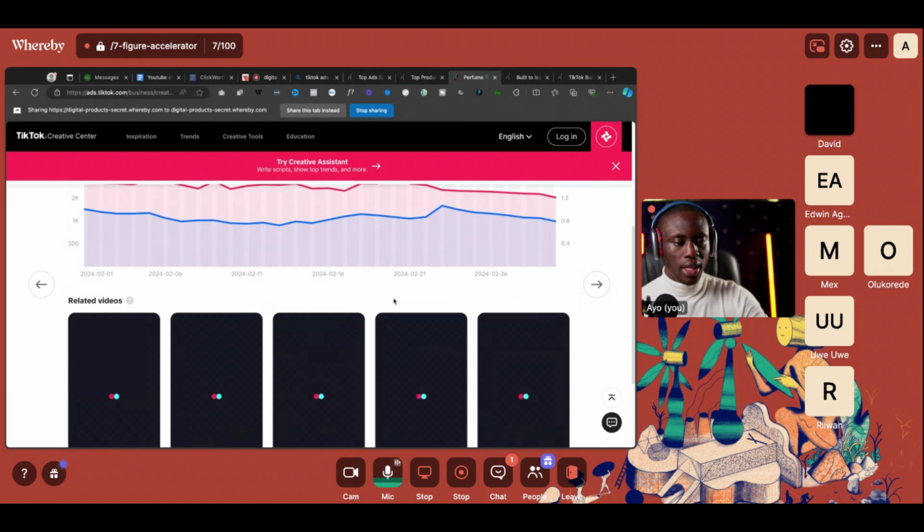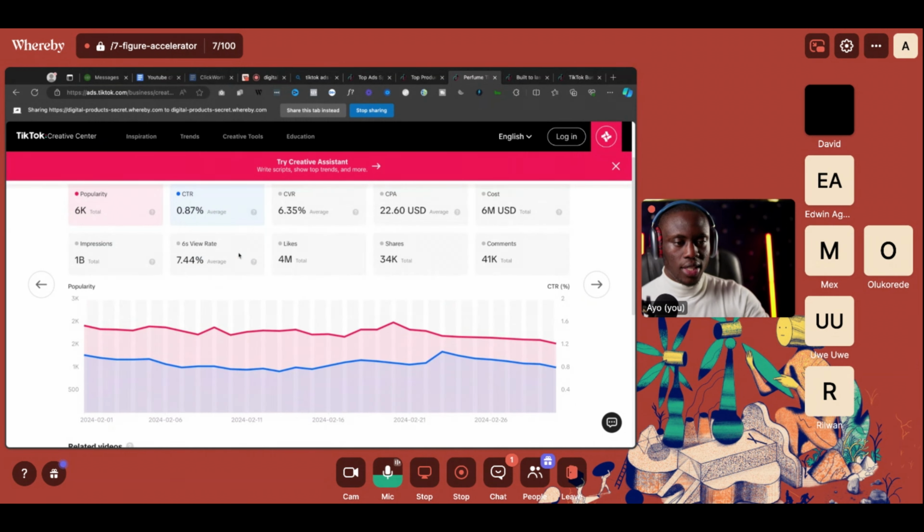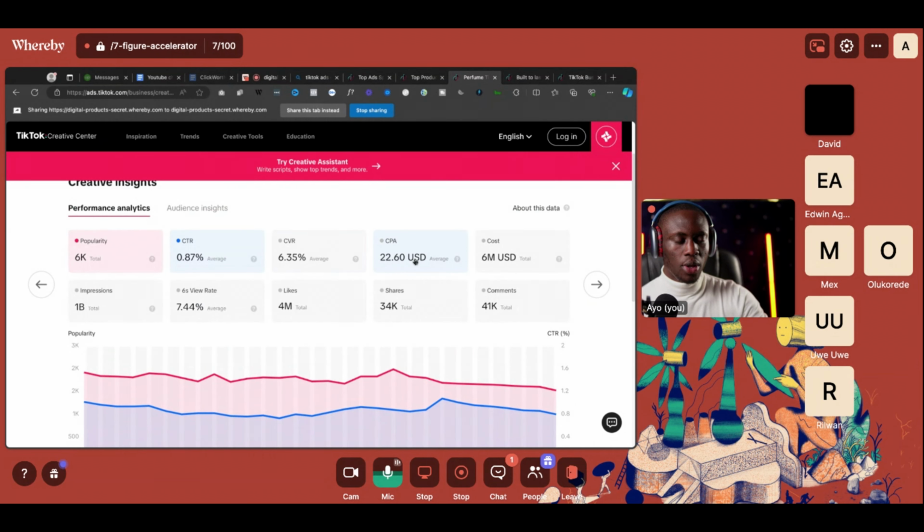Now, the next thing here is in the beauty and personal care, makeup, and perfume niche. This is how much brands spend on average, $22.60, to acquire customers, 6% conversion rate, and view rate, likes, shares.